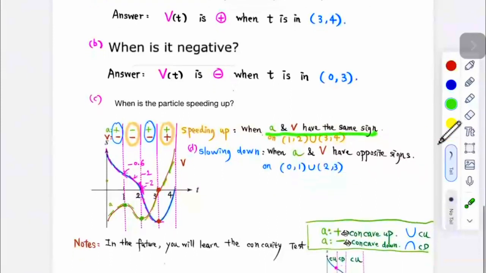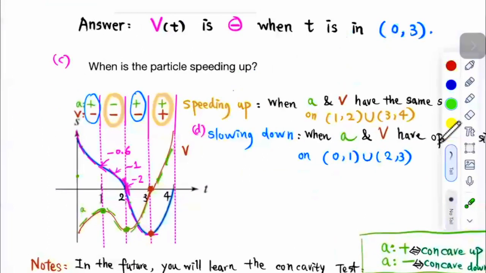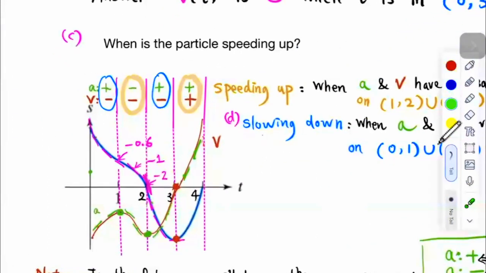Let's make a table. We're going to divide the graph from 0 to 1, then 1 to 2, 2 to 3, and 3 to 4.